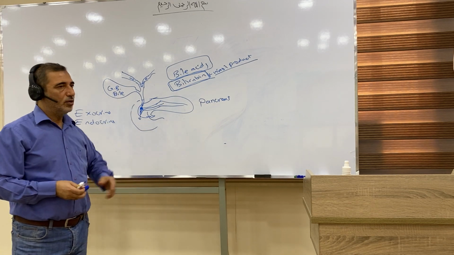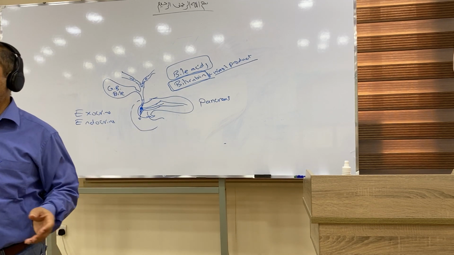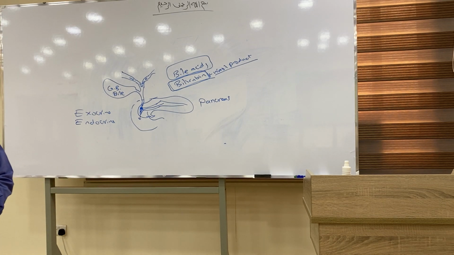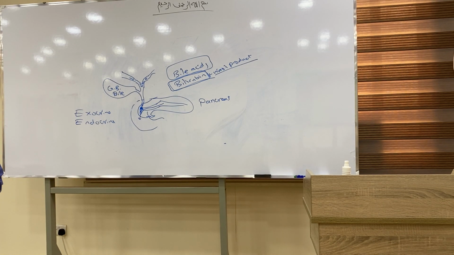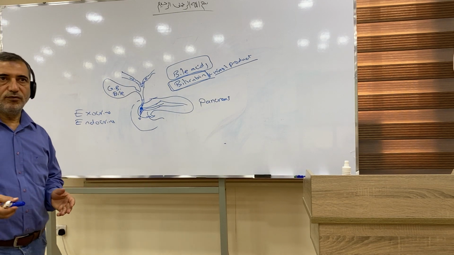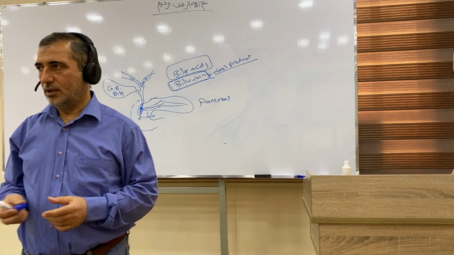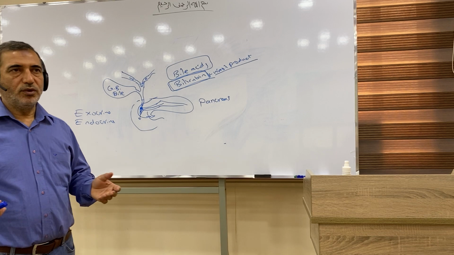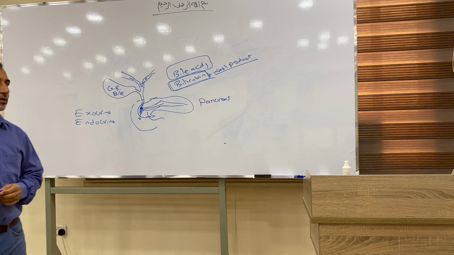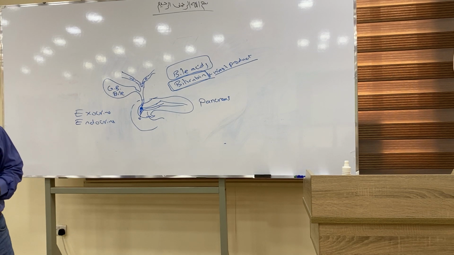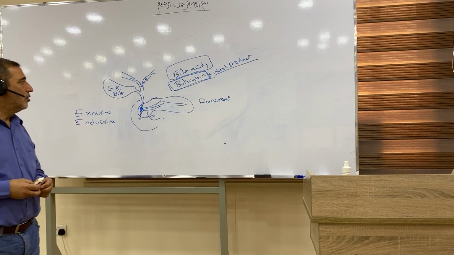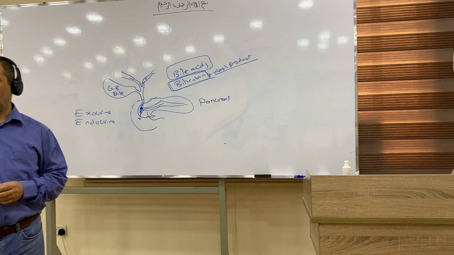And this contains lipase, amylase, protease. Each name indicates its function. Amylase is for digestion of polysaccharides, lipase is for digestion of lipids, and protease for digestion of proteins. And these are very important in digestion.